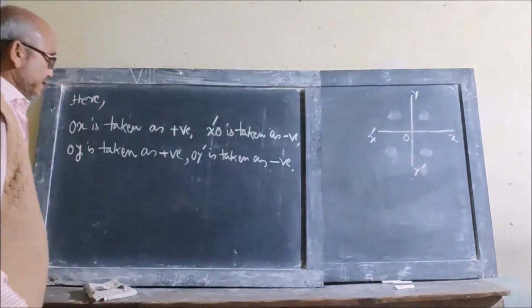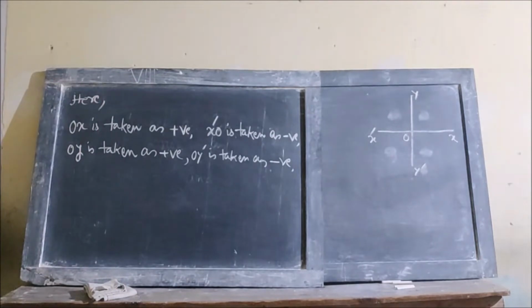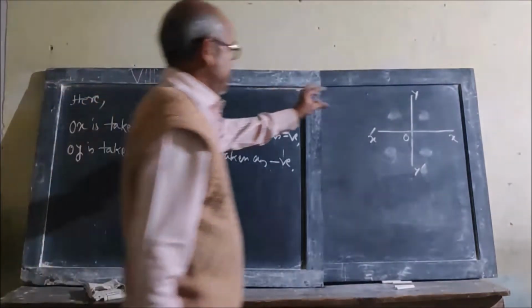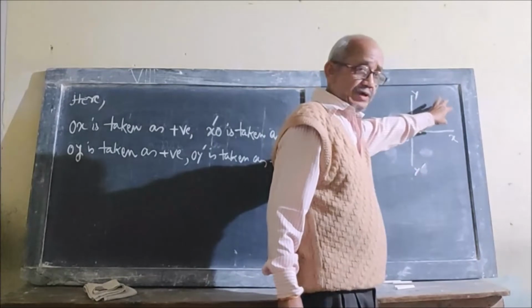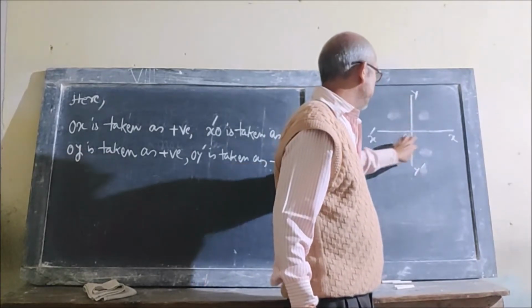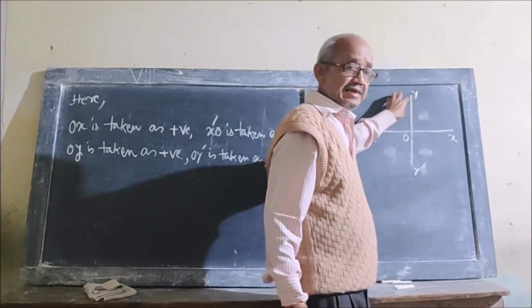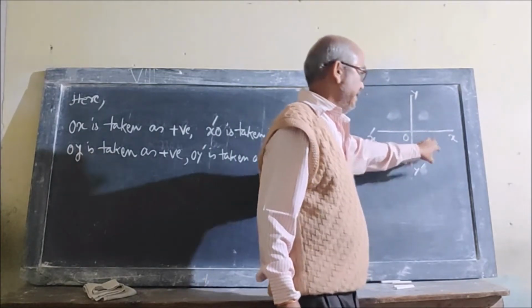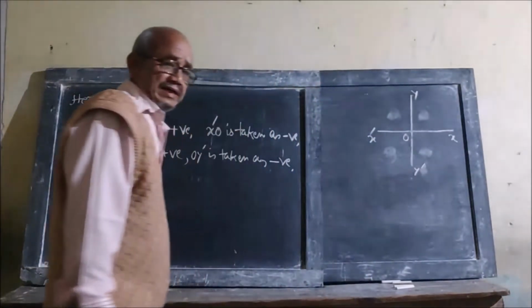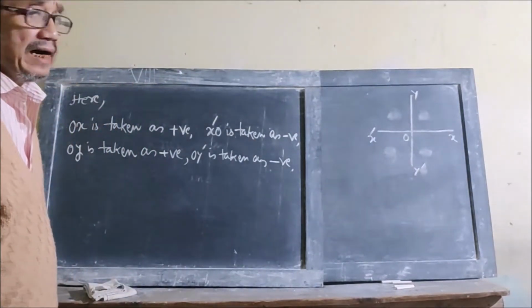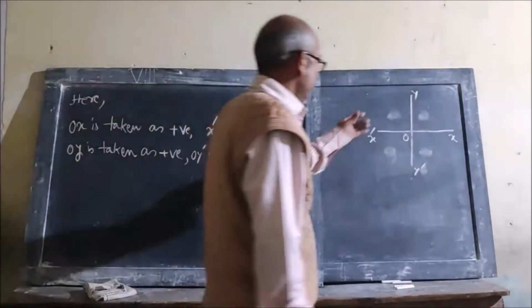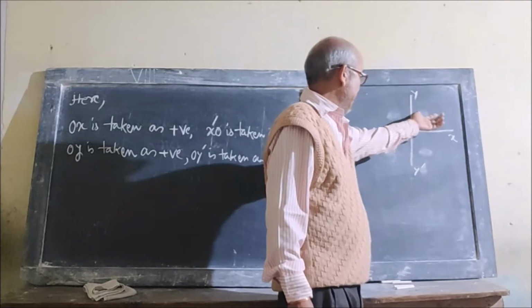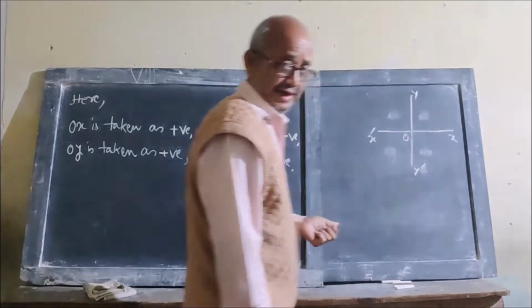Now another fact is that there are four types of quadrant: first, second, third, and fourth. Each quadrant has one abscissa and one ordinate.